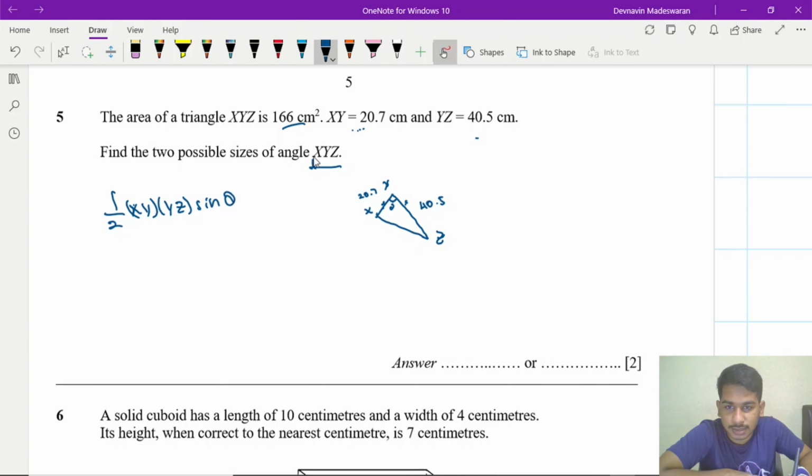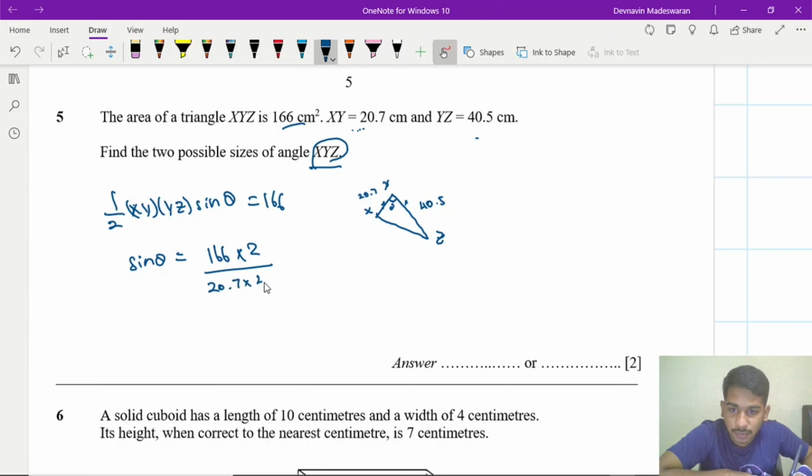Let theta be this angle, and that equals 166. So we just rearrange to find sine theta. Sine theta is going to be 166 times 2 over 20.7 times 40.5.